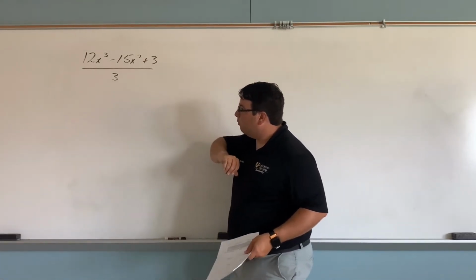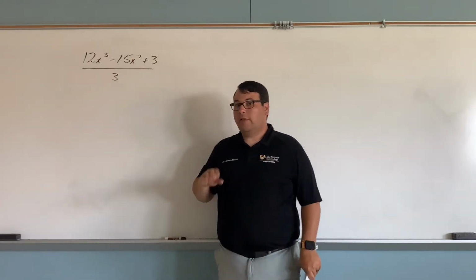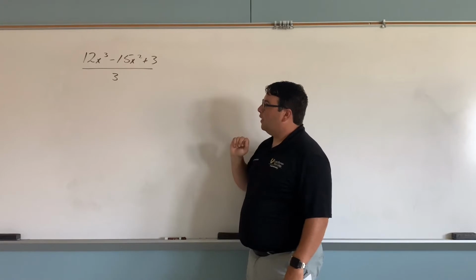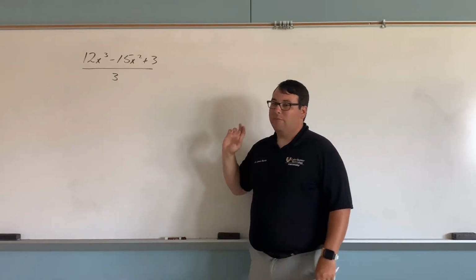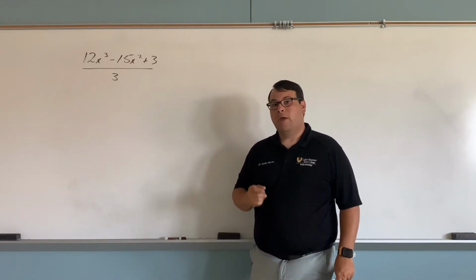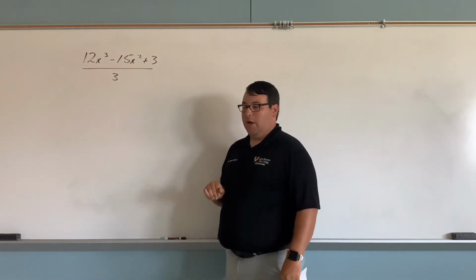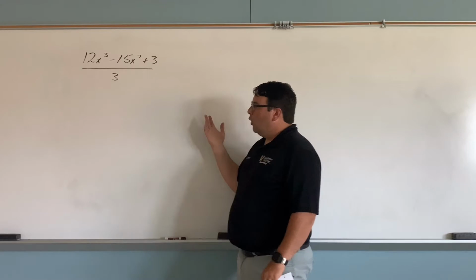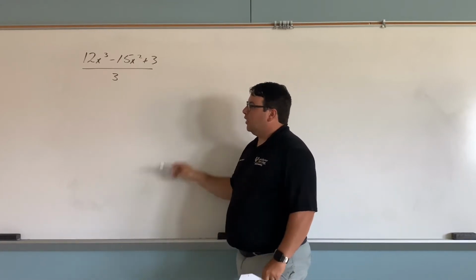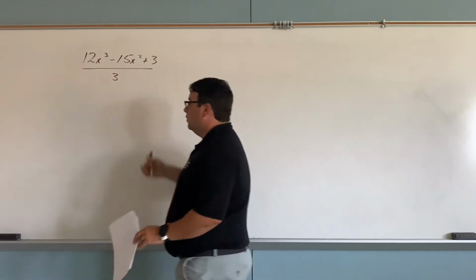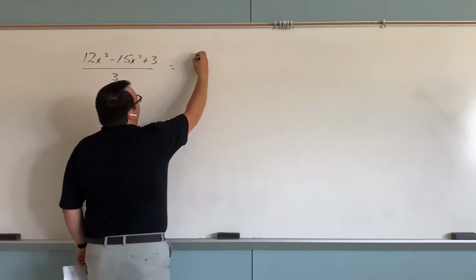I have my first problem already written for us. Let's assume that I have a polynomial, which is 12x cubed minus 15x squared plus 3, and I am dividing this entire polynomial by one term, which is 3. So I'm dividing by a monomial term. What I'm going to do is split this problem up so that I have my individual terms divided out.